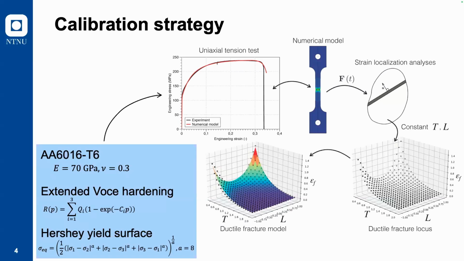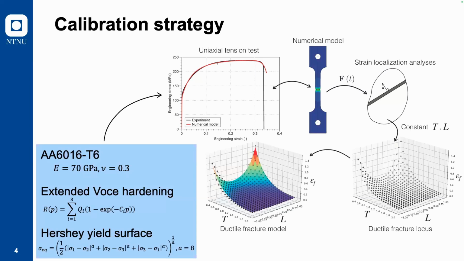We set up a simulation model of this test, extract the deformation gradient history from a critical point in this simulation, and then feed this to the strain localization analysis model.